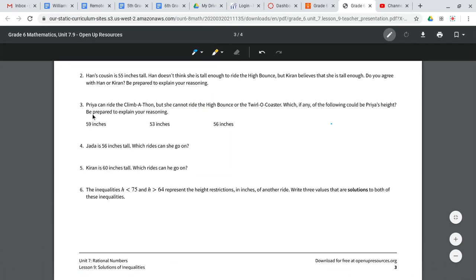All right, for the next one, it says Priya can ride the Climathon, but she cannot ride the high bounce or the twirl coaster. Which, if any, of the following could be Priya's height? So we've got 59, 53, and 56.